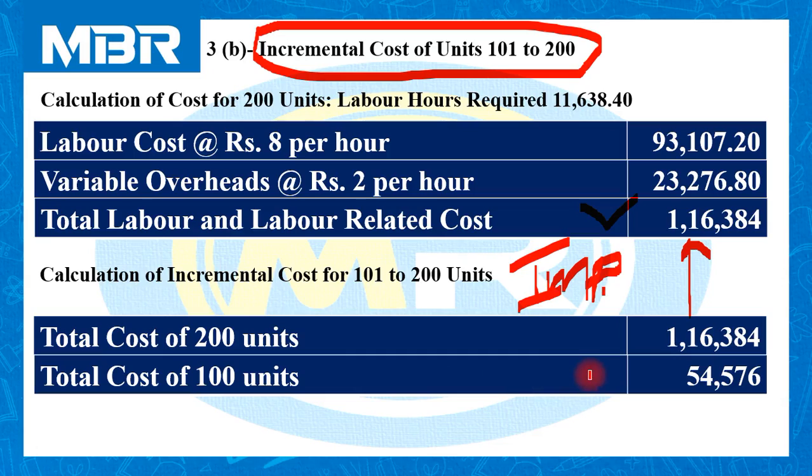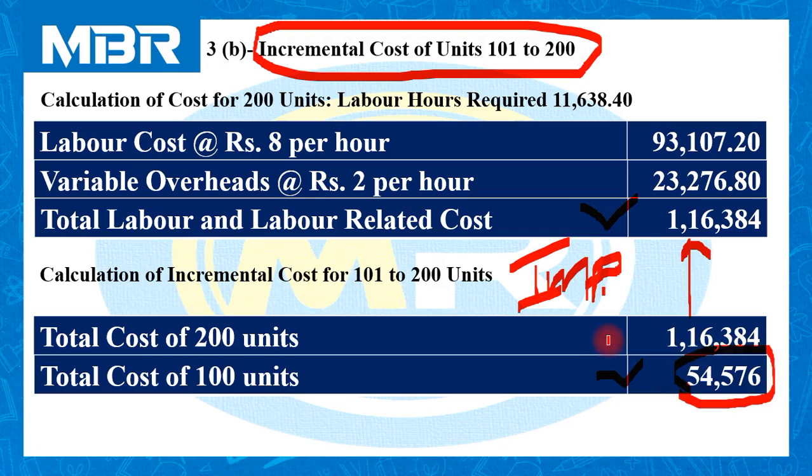Just recall the calculation. We prepared a cost sheet for 40 units, 80 units and 100 units. So from that, for 100 units, we have directly inserted the figure over here, 54,576.